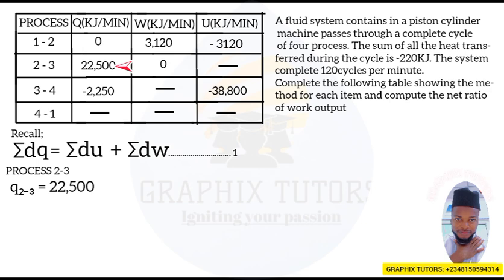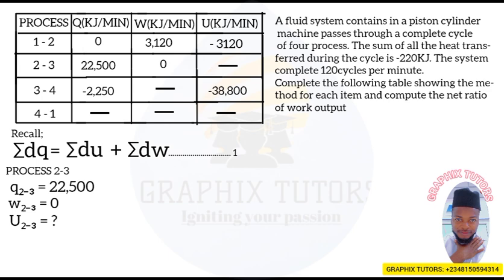Is that taken? You can see it on the table. And the work done from state 2 to 3, which is process 2 to 3, is 0. So there's no work done there. Then the internal energy in this system from process 2 to 3 is unknown. That's why you're seeing a dash there, right?